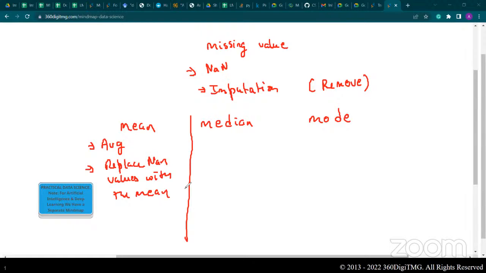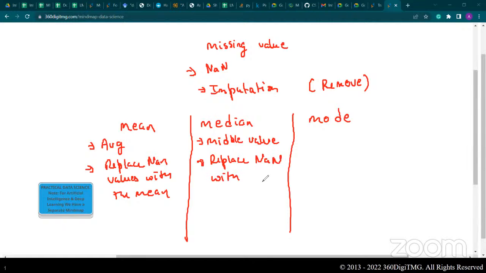We take the mean of the data and replace our NaN values with that. In median, we are looking at the middlemost value. So here we replace NaN with the median.